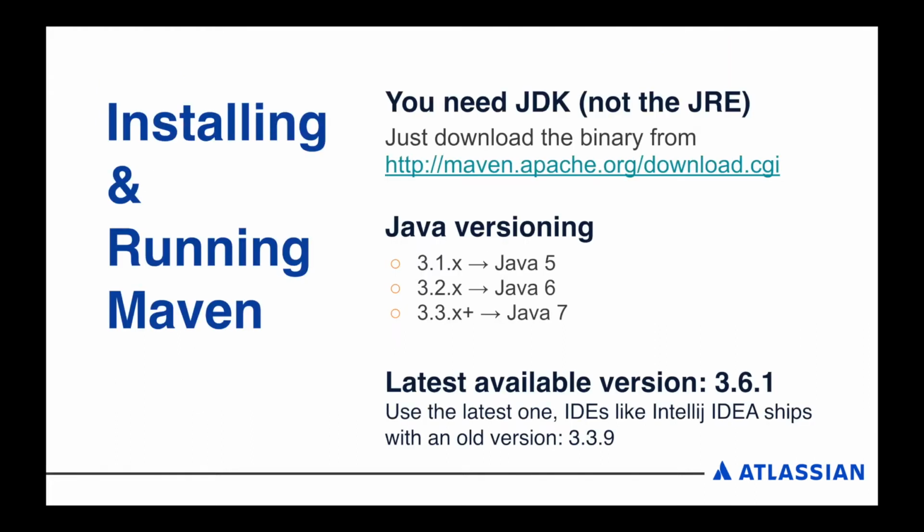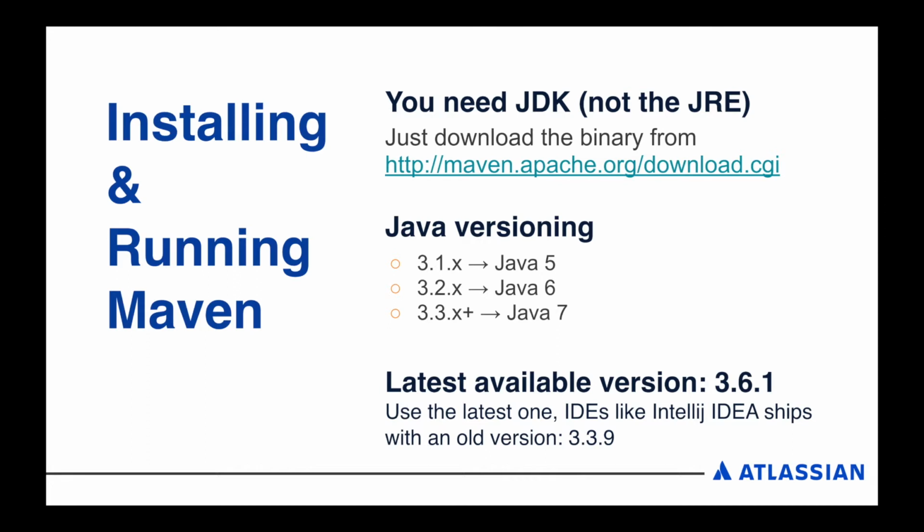Maven is not just about building the project, it also provides a unified way to generate the documentation in your project. In order to install and run Maven, we need the JDK because we are going to compile code. And if you are using older versions of Java, like Java 5 or Java 6, you can use Maven 3.1 or 3.2 versions. But starting from 3.3, Maven supports Java 7.